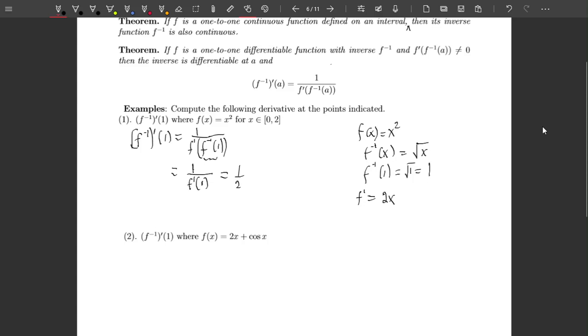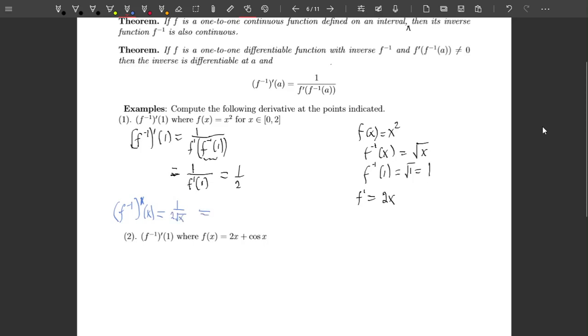Now, if you check, this is actually consistent with the derivative of the inverse function if we define it explicitly. Recall that f inverse of x is equal to square root of x. And now the derivative of f inverse of x, if I'm going to write that in blue, differentiating square root of x gives me 1 over 2 root x.